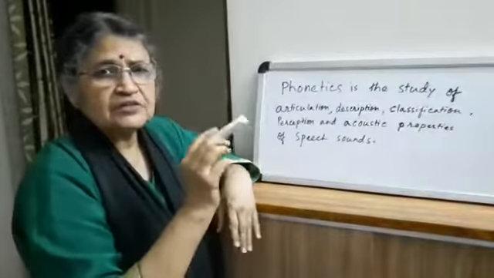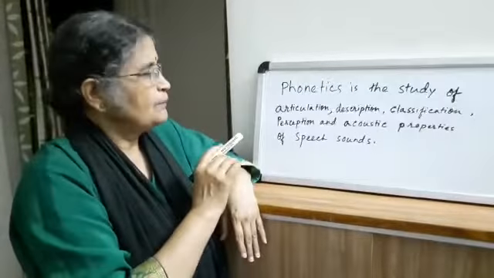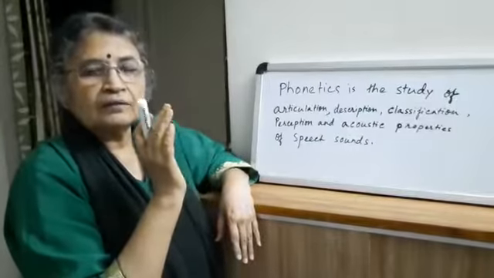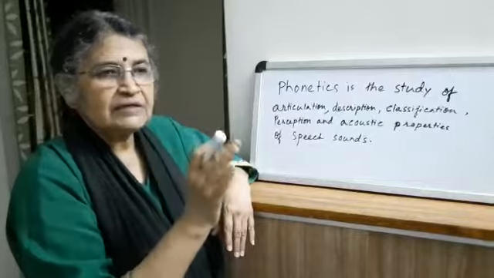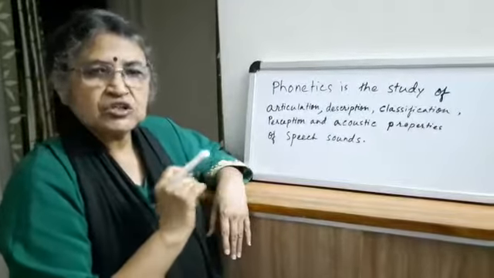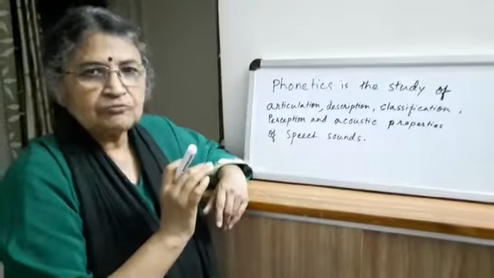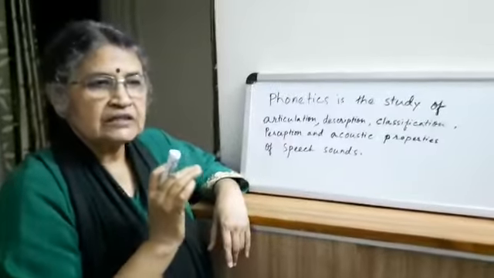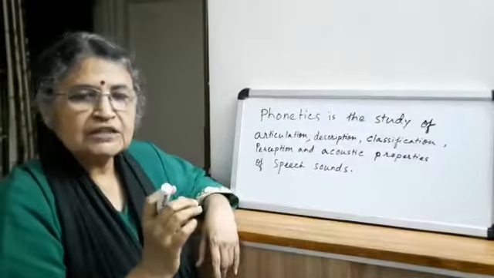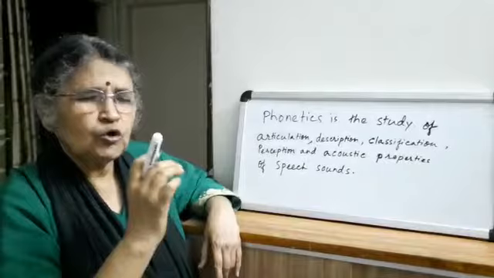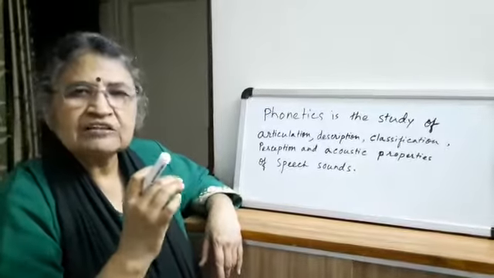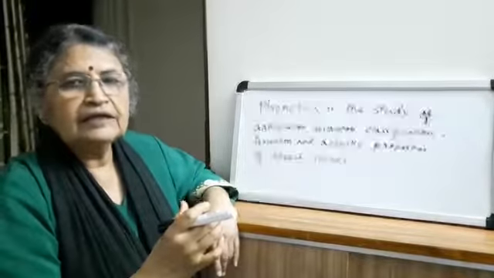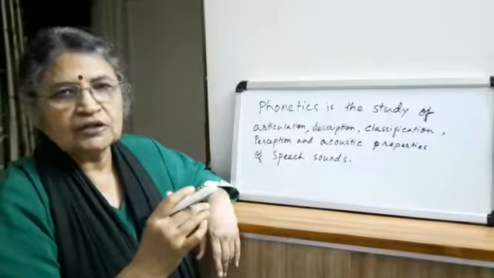Therefore it is a voiceless sound. P is a voiceless, bilabial, and then next, stop. Stop means what? When you articulate a sound by making a closure with the articulators and then produce the sound, it is called a stop.